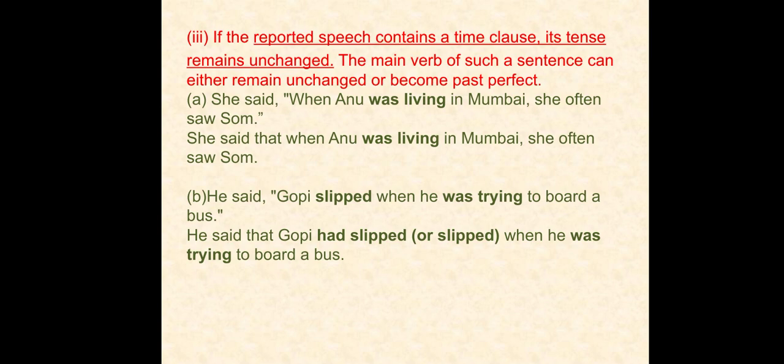She said that when Anu was living in Mumbai, she often saw Som. Second, he said, "Gopi slipped when he was trying to board a bus." The answer will come like this. He said that Gopi had slipped or slipped, both are correct, when he was trying to board a bus.